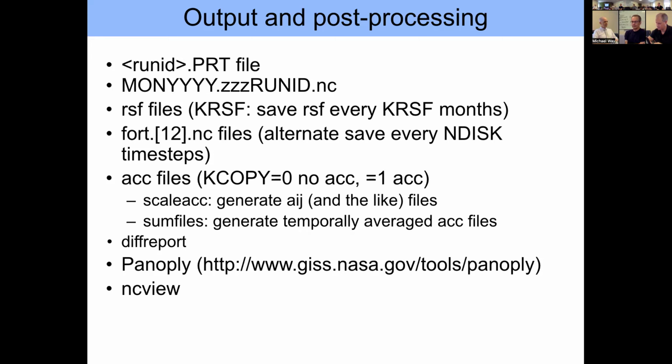You can create means. The ACC files are monthly, and you can create means with the utility we have called sumfiles. You can make 3-monthly, annual, decadal, millennial means, whatever you like.